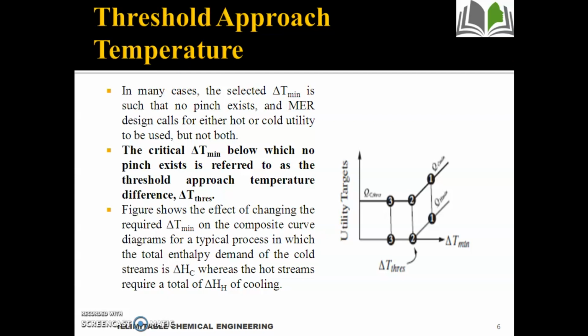So that is your critical delta T minimum, or that is known as the threshold approach temperature. In the simple language we can say the ऐसा minimum approach temperature जिस पे आपको कोई पिंच पॉइंट नहीं मिलेगा. कभी कभी हम ऐसा डेटा लेते हैं कि हमें कोई पिंच पॉइंट नहीं मिलता.